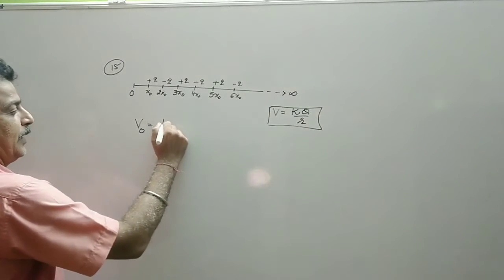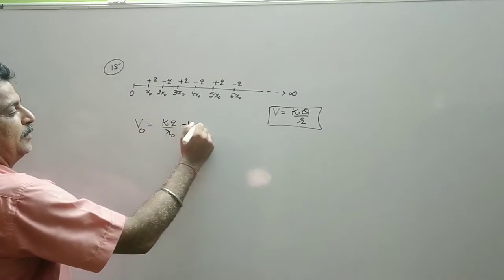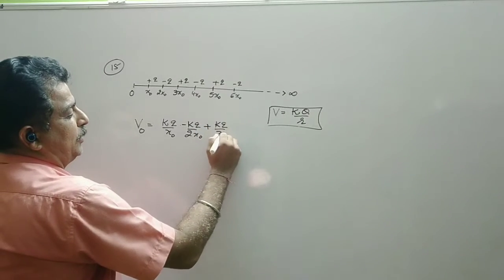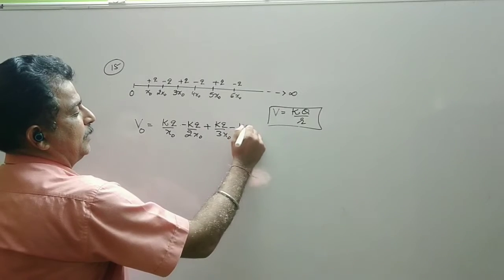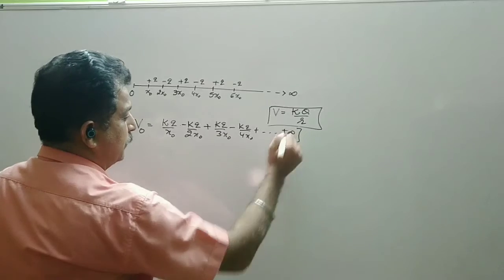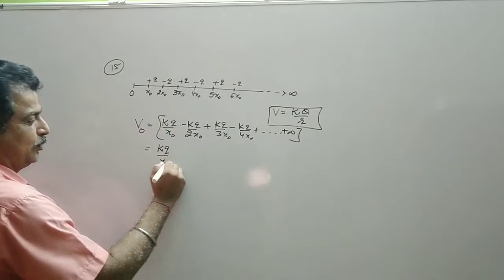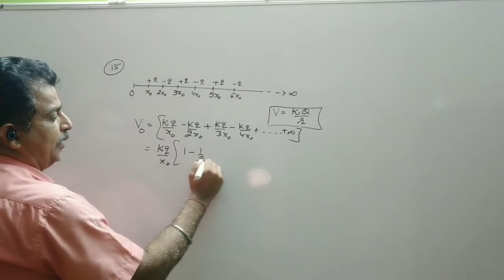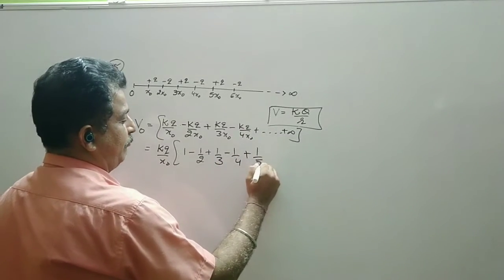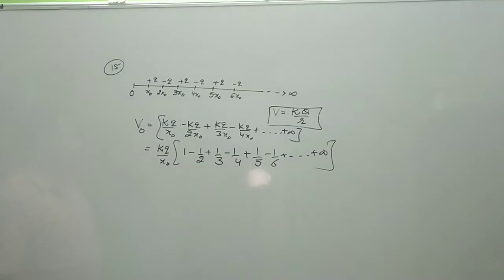It should be kq upon x naught, minus kq upon 2x naught, plus kq upon 3x naught, minus kq upon 4x naught, and the terms go on. If we take kq upon x naught common, we get 1 minus half plus 1 by 3 minus 1 by 4 plus 1 by 5 minus 1 by 6 plus and so on up to infinity.